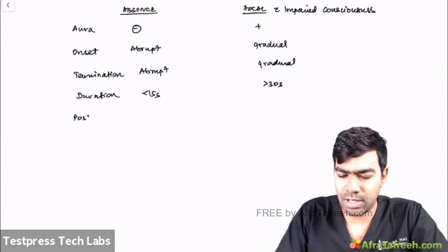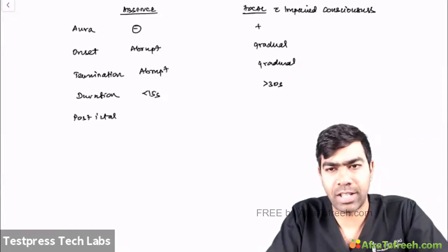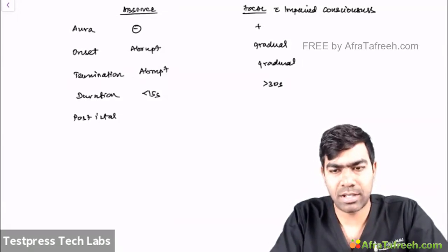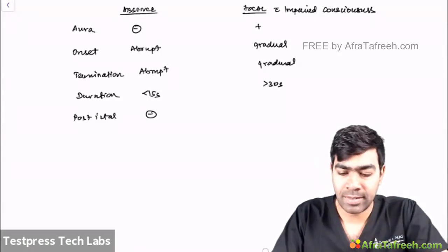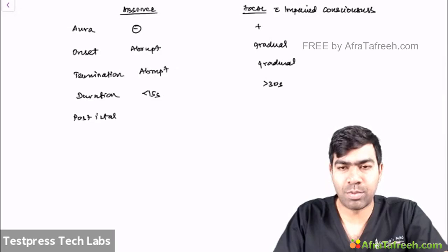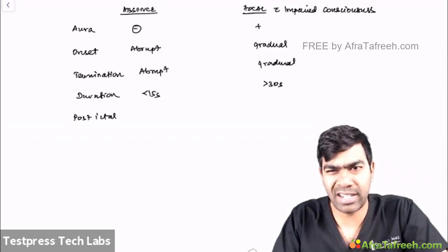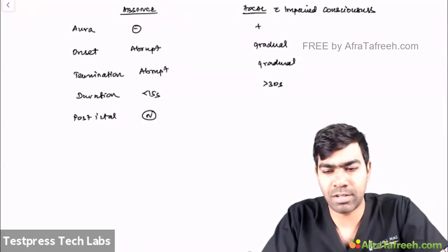More importantly, the post-ictal state also tells you whether it's an absence or a focal with impaired consciousness. As far as absence is concerned, the post-ictal state will not be there. The post-ictal state means the state you get after the seizure. It's a vague terminology, so I'm going to say the post-ictal state is normal, which means the patient will be looking absolutely normal.